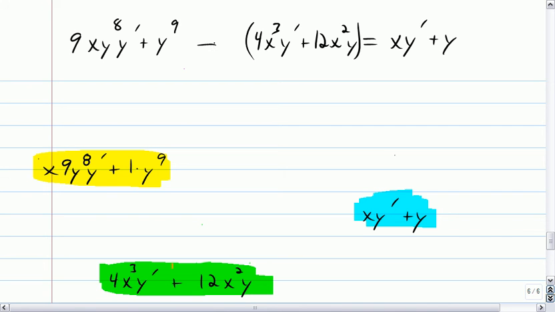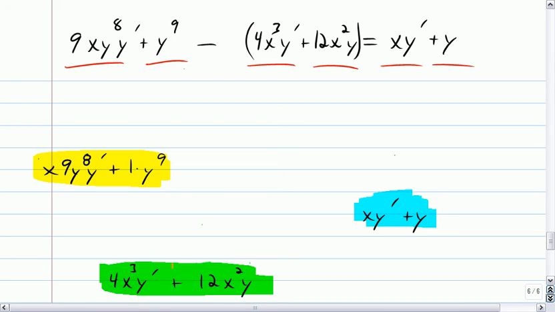Okay, how many terms do you see? 6. We should really distribute this subtraction.